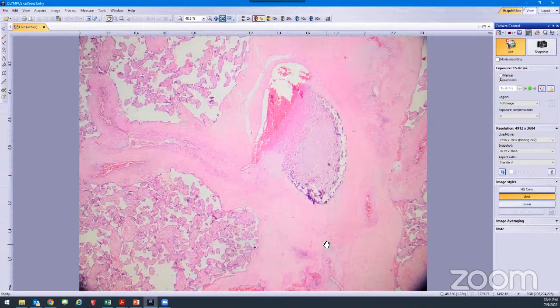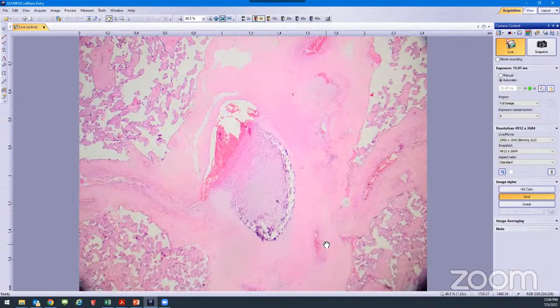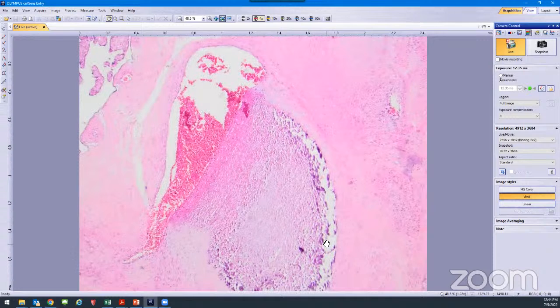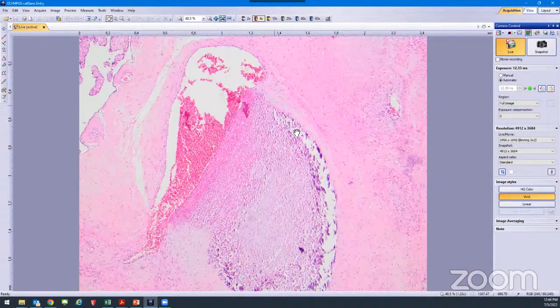Here's another slide from the same case. This one's really quite impressive. Here again, we have calcification in association with this fibrin material in continuity with the lumen of the vessel.